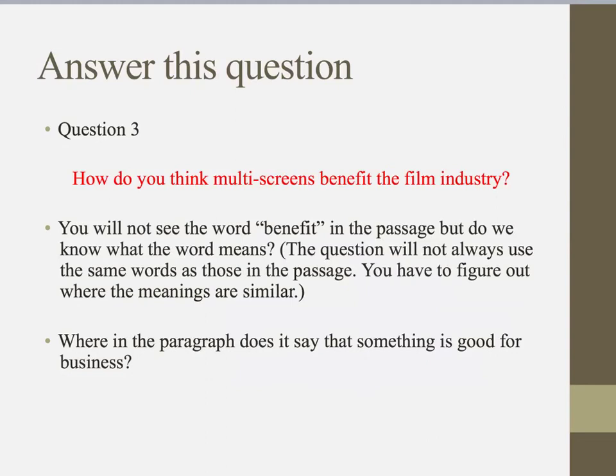Is there some word in the passage that is similar to the word benefit, or is there some part of the passage that gives the same idea as the word benefit? So where in the paragraph does it say that something is good for business? Isn't that a benefit? Isn't that something that we should highlight in the passage? So take a look at the passage one more time. Don't look at the next slide. Try to underline the key phrase that will help you to answer this question.